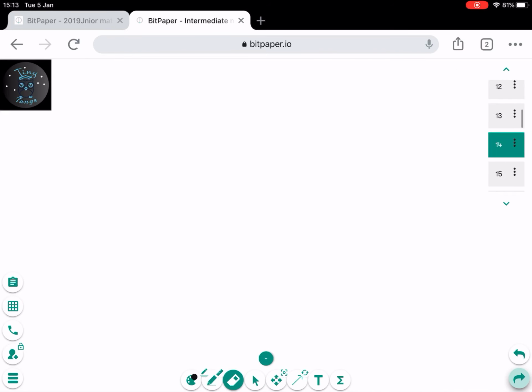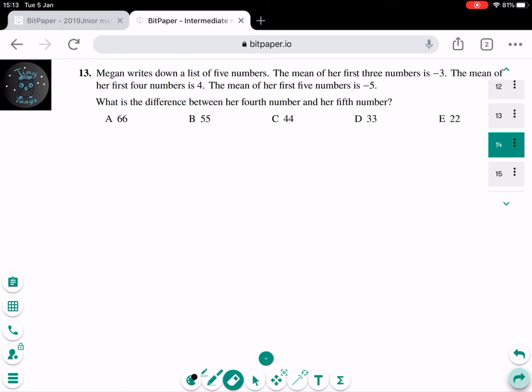And for question 13, it says that Megan writes down a list of 5 numbers, and the mean of the first 3 numbers is -3, the mean of the first 4 numbers is 4. What I would do here is draw 5 places, and write -3 for the first 3 and 4 for the first 4 numbers.